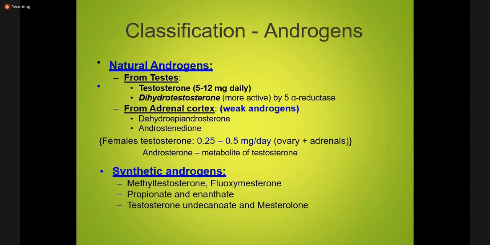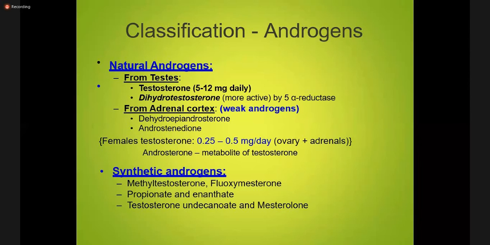Androgens could be natural, for example, from the testes. As I just discussed, testosterone is produced from the Leydig cells, and it's usually produced at 5 to 12 milligrams daily. But the active form in our body for this testosterone is dihydrotestosterone, which we also abbreviate as DHT.